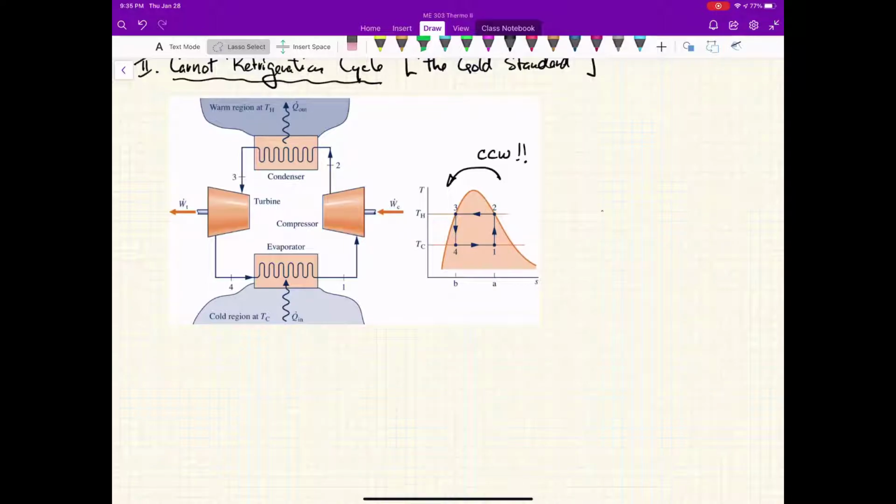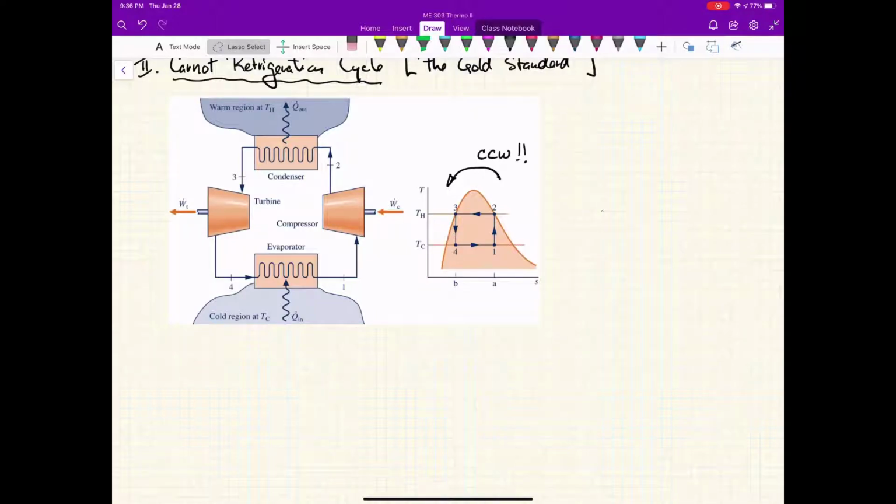Then that saturated vapor is going to condense, meaning it's going to experience a phase change, in this one representation of the ideal Carnot cycle. During the phase change it's going to dump heat reversibly into our hot reservoir, which is at T sub H. As it dumps heat into the hot reservoir, that means that the condenser temperature must be at the same temperature as the warm reservoir.